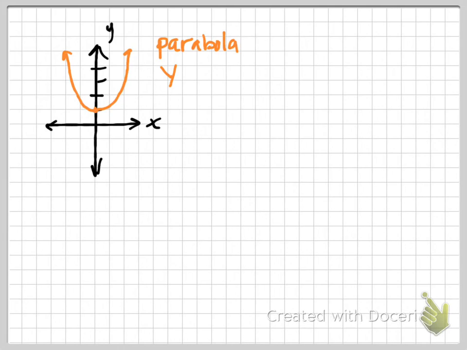So something that looks like this. Okay, this one happens to have more. In fact, it goes like this. So anytime you have a squared term, you'll get a parabola.